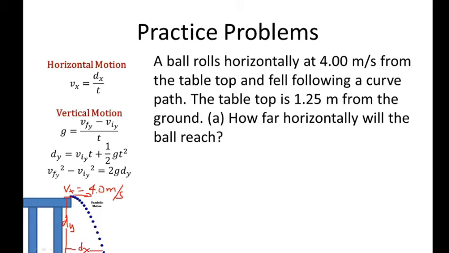So we have formulas here that you can use. We are trying to compute for the value dx. Rearranging that equation, we will have dx is equal to vx times time. Next is time. We are not given the time.